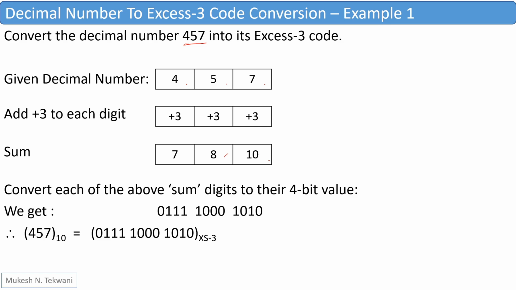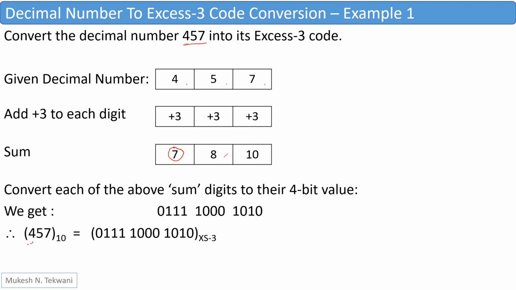We are not adding 3 to the entire number, we are adding 3 to each of the digits. Now, we'll convert each of these decimal values into an equivalent 4-bit binary value. So the decimal value 7 is converted into 0111, 8 becomes 1000, and 10 becomes 1010.